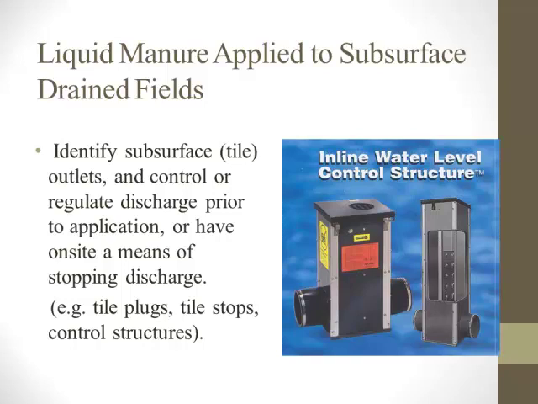Also, if they're designed properly in a lot of fields, they can get some benefit from some sub-irrigation from it, as well as potentially restricting or limiting a discharge from a manure application. Even if you're using commercial fertilizer or no manure, these structures can reduce nitrate movement to streams if they're used properly, and phosphorus discharges also.